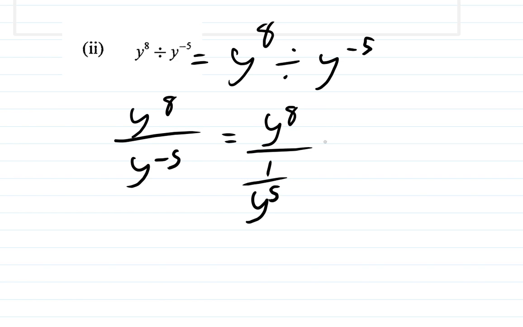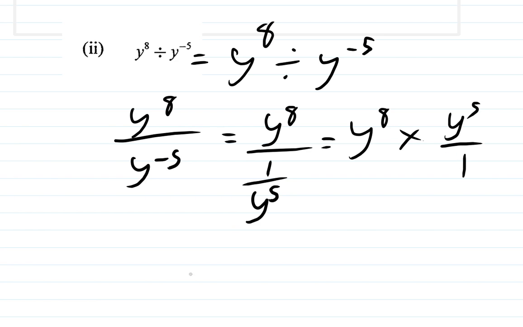Now, if you remember your fractions, when you have a number divided by a fraction, because the 1 over y to the 5 is a fraction, it's going to be the number, whatever it is, multiplied by the reciprocal of the fraction. What's the reciprocal of 1 over y to the 5? It is y to the 5 over 1.